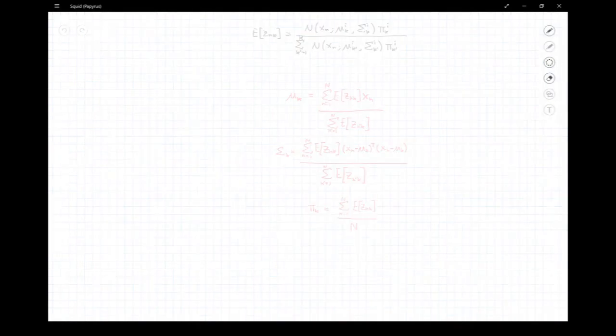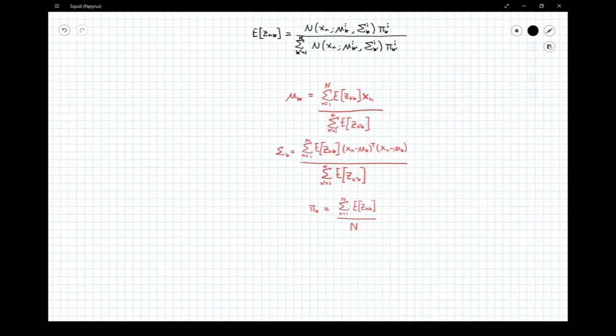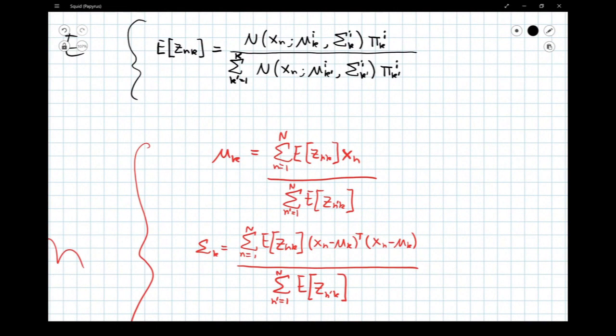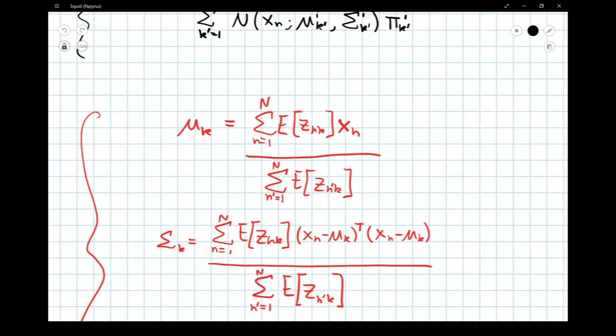So the ith iteration: the E, the expectation, is here, and the maximization is here. We come in with our ith estimate of the parameters, these means, covariance matrices and mixture proportions. In our E step, we calculate this expected z n k, then we hold that fixed.